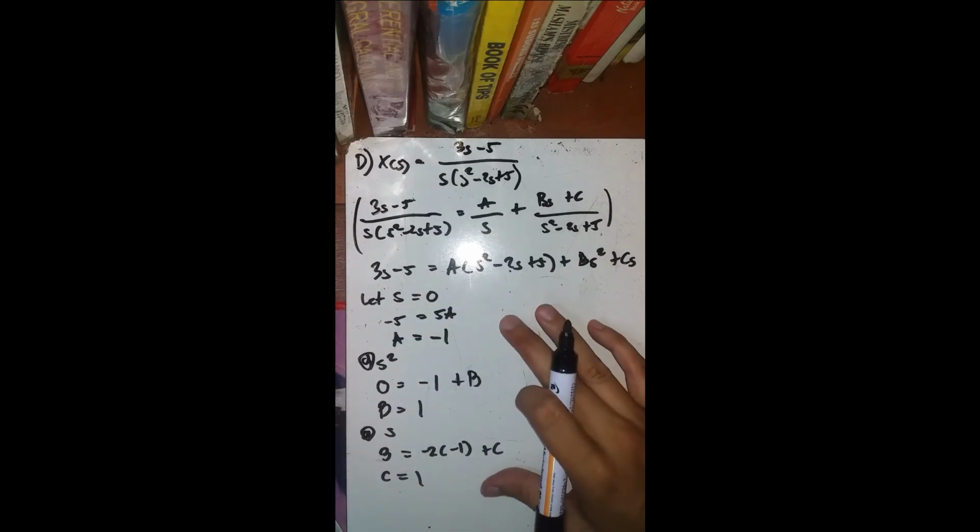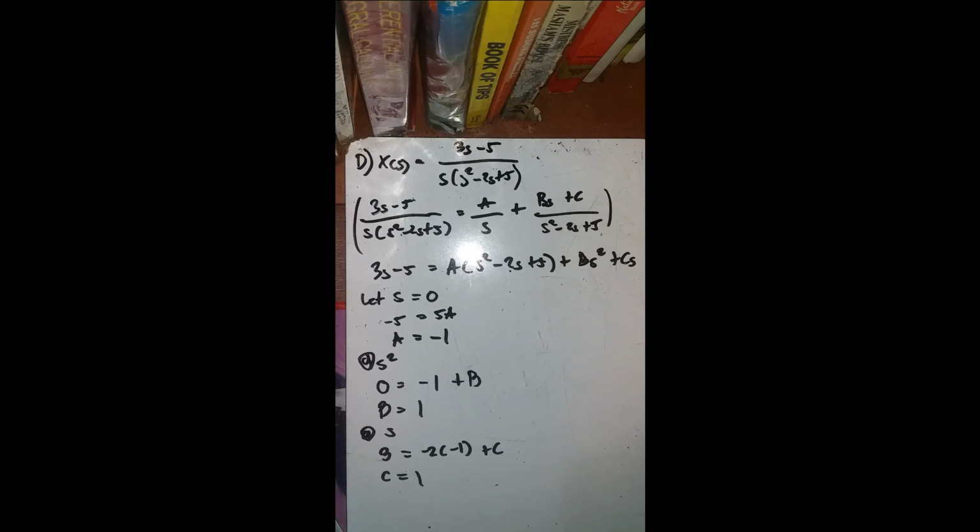Now we have here the variables. So we just place it here. So equals inverse Laplace of negative 1 over s plus s plus 1 all over your s squared minus 2s plus 5. Now by looking at this, this is already your constant. So this will be your negative 1. So let's simplify this.